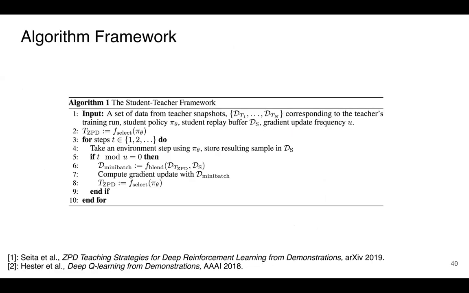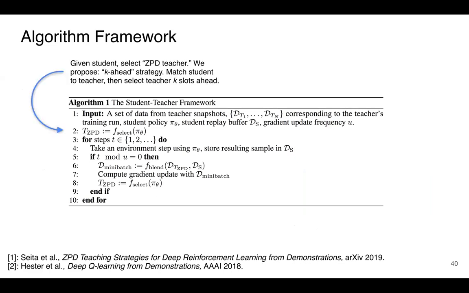Here's the algorithm framework that we're pursuing. The input, again, is the set of data from the teacher snapshots from the prior slide. The key thing that we're proposing here is what we call f-select. That's a selection function that, given the current student, will pick what we call a ZPD teacher at a given time. The strategy that we're proposing to use is called K-ahead, and what this does is pretty simple.